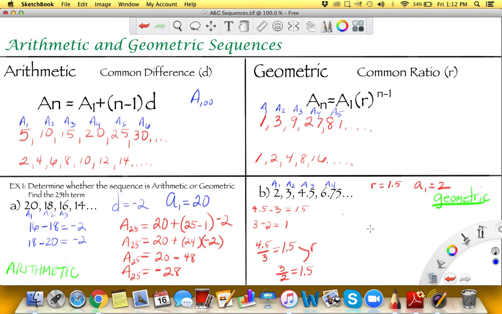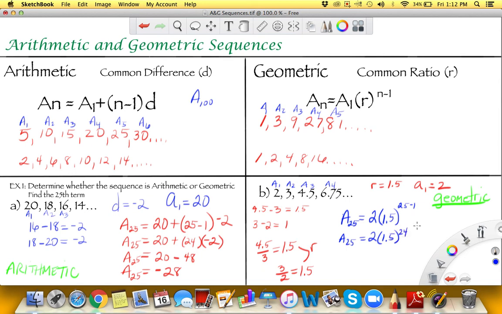So we're going to say a sub n equals the first term, which is 2, times 1.5 to the n minus 1 power. And actually, I did not put my 25 in over here. So we need to put 25 here. So, boom. All right, so a sub 25 equals 2 times 1.5 to the 24th power.